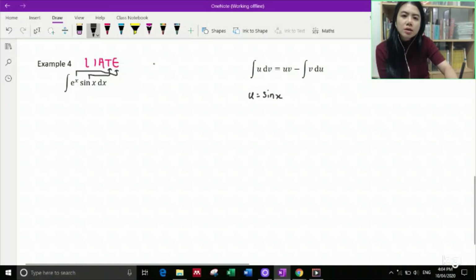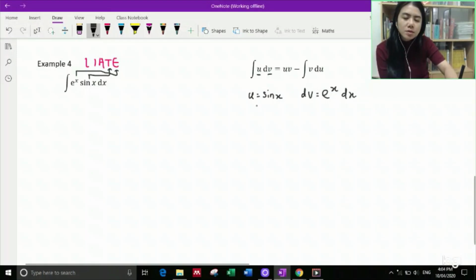And your dv, the one that appears second, will be the dv. So we have the dv that is the exponent, e to the x, together with the dx.